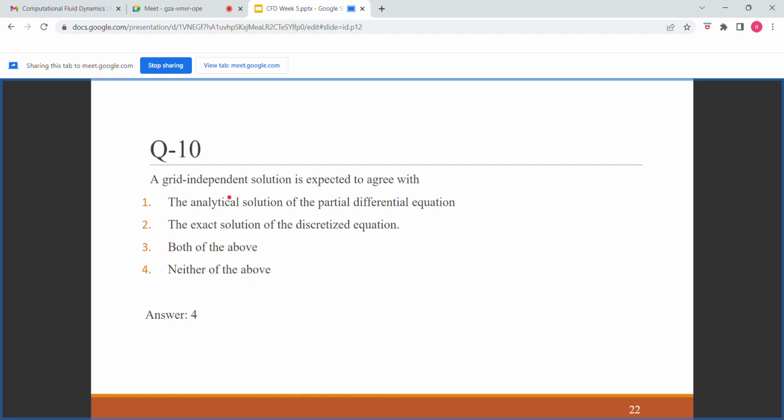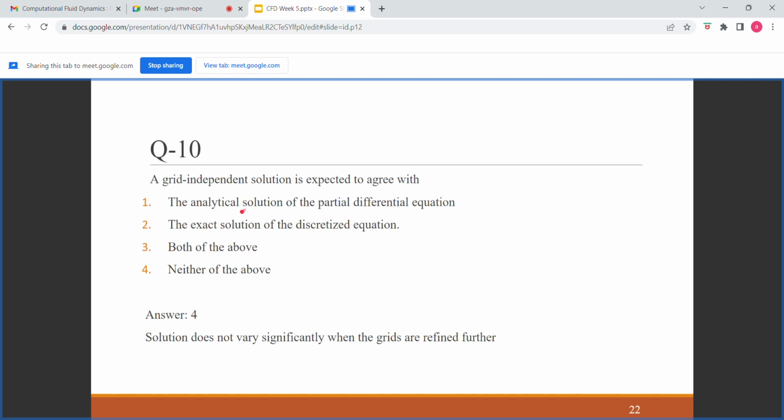The first or the second statement does not make any sense in this regard, that is, the analytical solution of the partial differential equation or the exact solution of the discretized equation. No, it is not expected to agree with these. It is just expected to remain the same when the grid sizes are changed. That is, the solution does not vary significantly when the grids are refined further. This is known as grid independent solution.